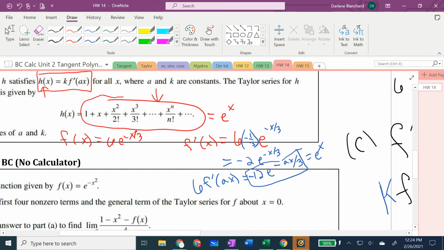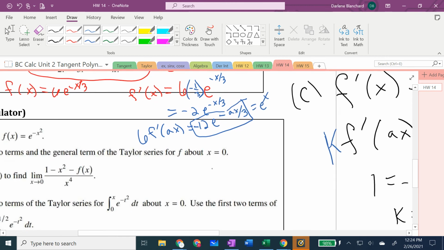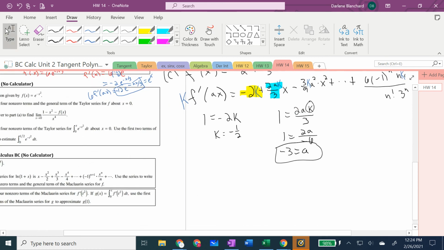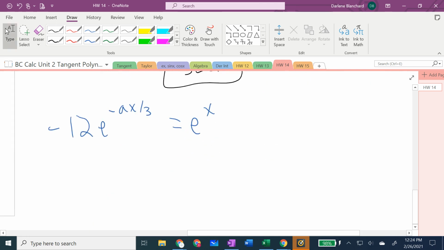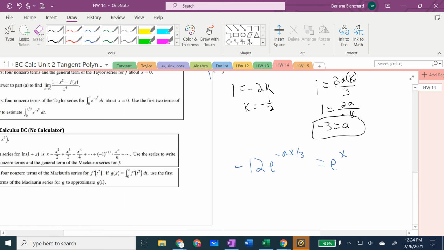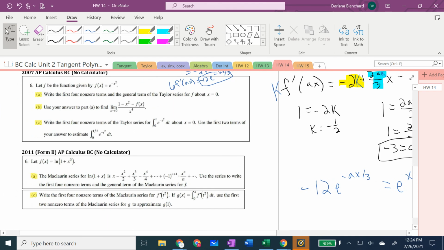And now you have an equation that this must be equal to e to the x. You don't have a calculator. And I'm going to rewrite this where I can do the work. Negative 12e to the negative ax over 3 is equal to e to the x. So if I'm now going to solve this without a calculator, wait, where'd my k go? Wasn't there a k? Did I mess up?